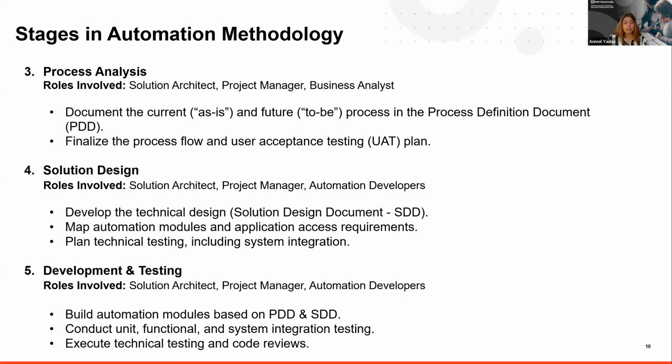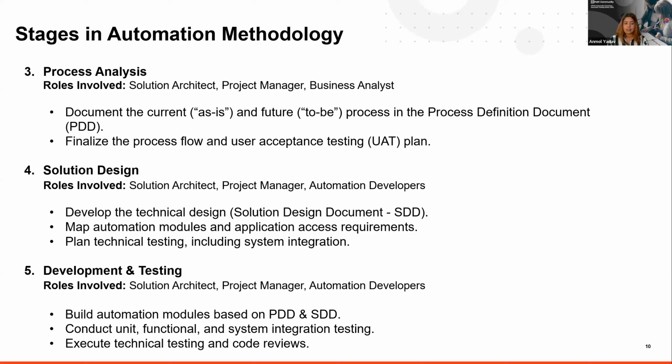The third stage is the process analysis. In this, you would have the solution architect, project manager, and business analyst. Here, you're going to document the current and the future state in a document called the PDD, which is the process definition document. You would also finalize the process flow and the UAT plan on a very high level.